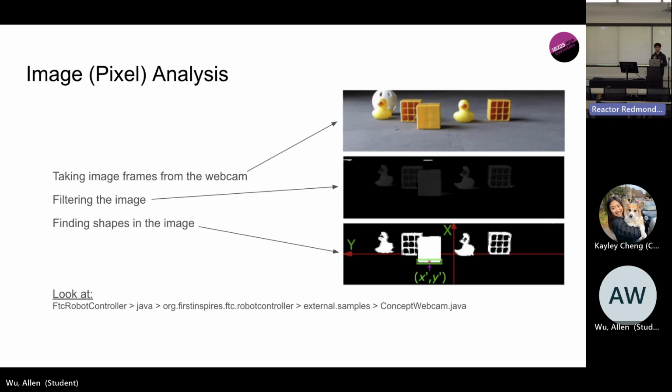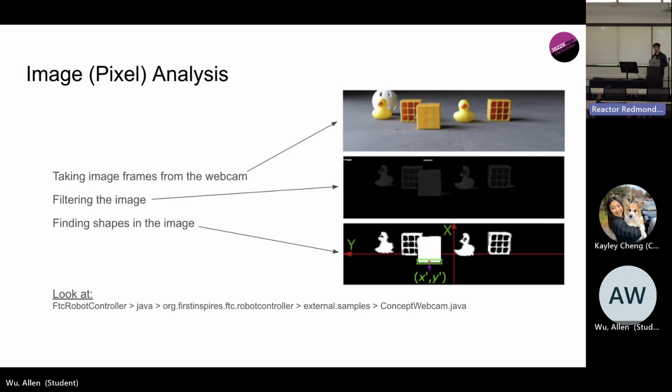Then we analyze this image to find out where certain components are within it. The first step is to filter the image, because the first image has a ton of different things in it: cubes, ducks, balls, and the whole mat with shadows. We want to take out the unimportant parts and only focus on the parts we want to be looking at.